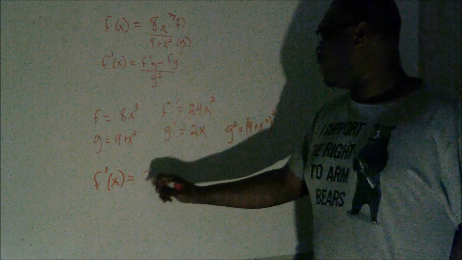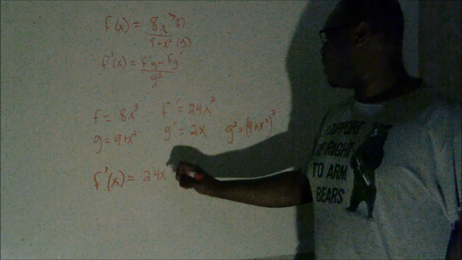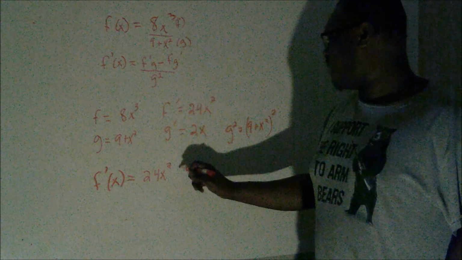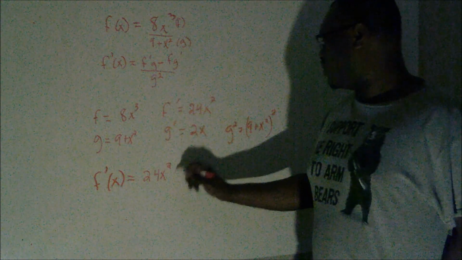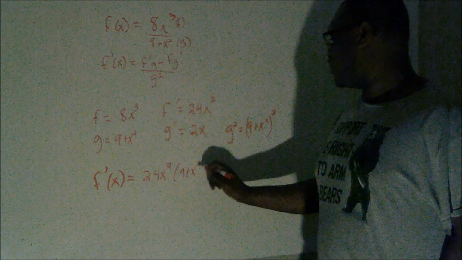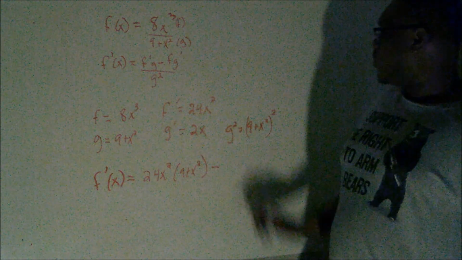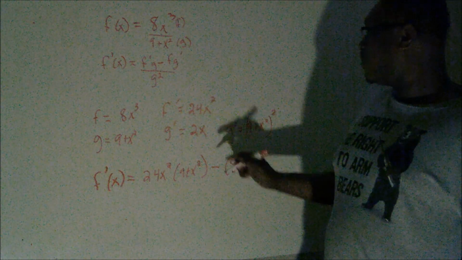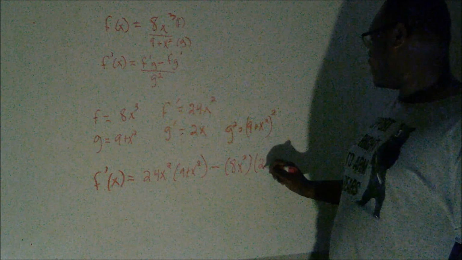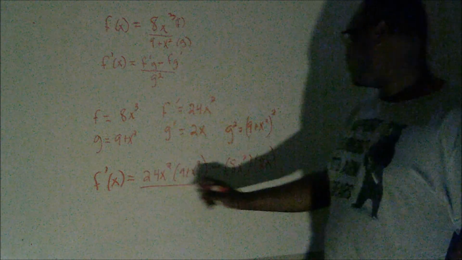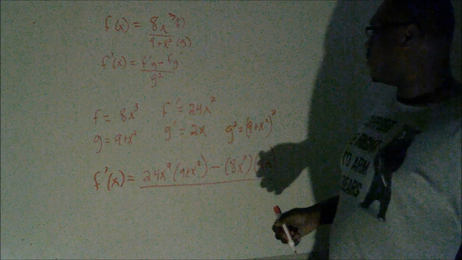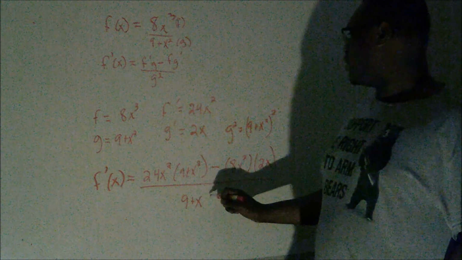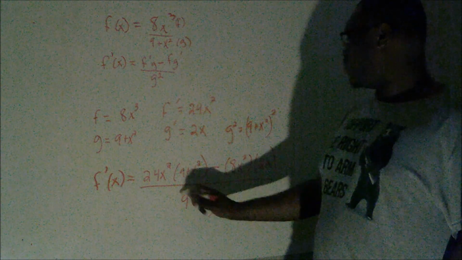So we have 24x squared times g, which we said is 9 plus x squared, minus quantity of f, which is 8x cubed, times g prime, 2x, all divided by g squared, which we said was 9 plus x squared squared.